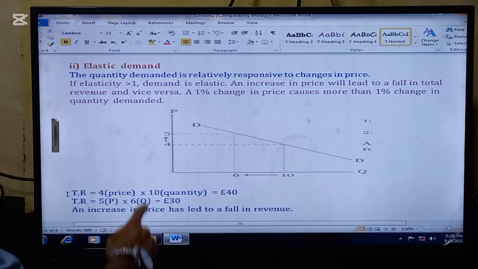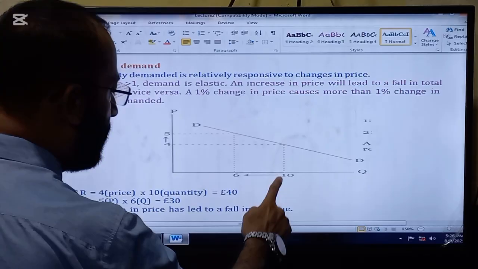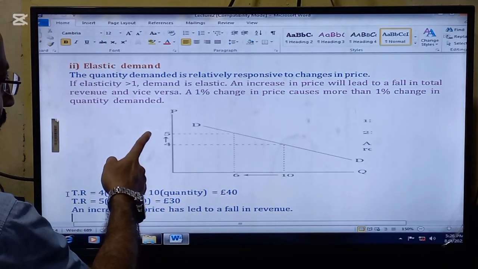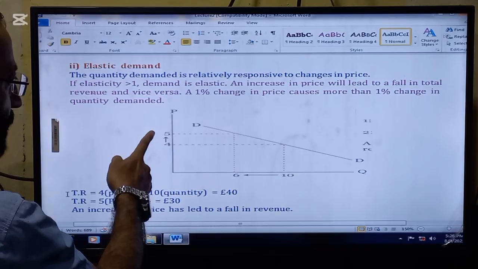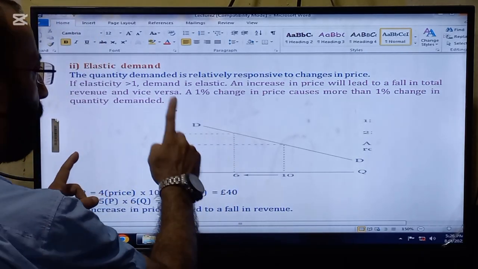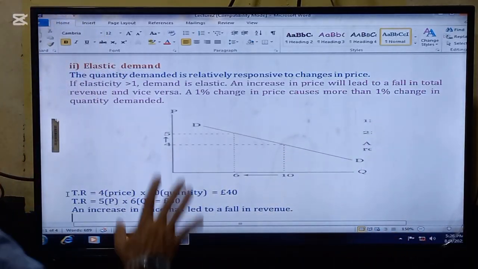Look now, at price 4 the quantity demanded is 10, but when the price is slightly increased from 4 to 5, the quantity demanded is 6. So a 1% change in the price causes more than a 1% change in the quantity demanded.